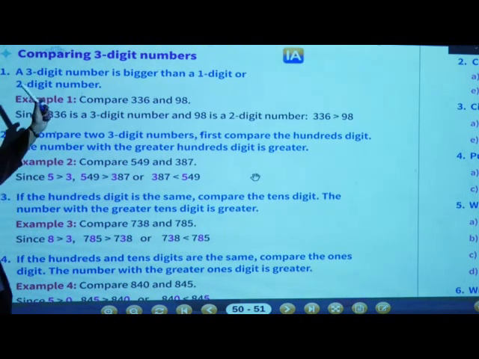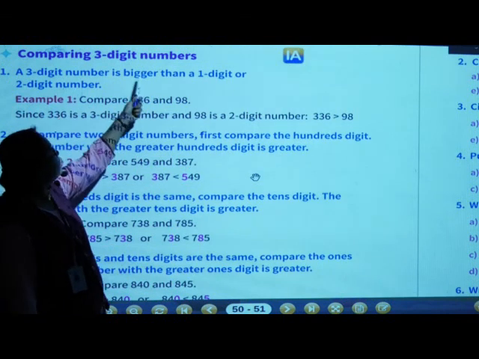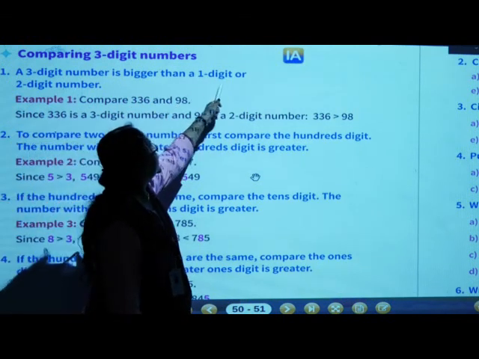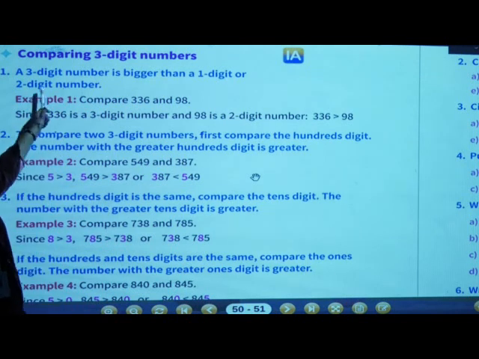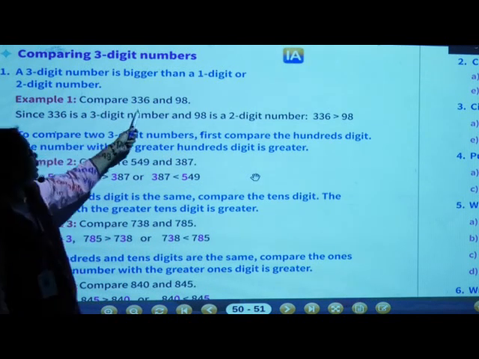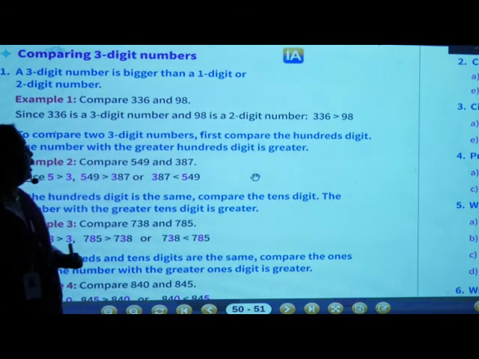Comparing three-digit numbers. A three-digit number is bigger than a one-digit or two-digit number. For example, compare 336 and 98.